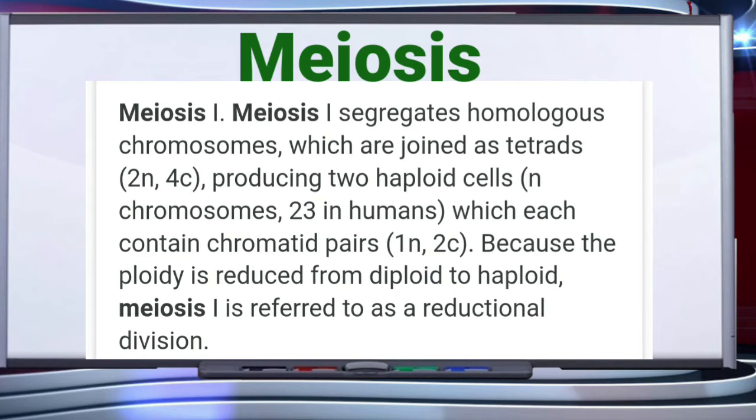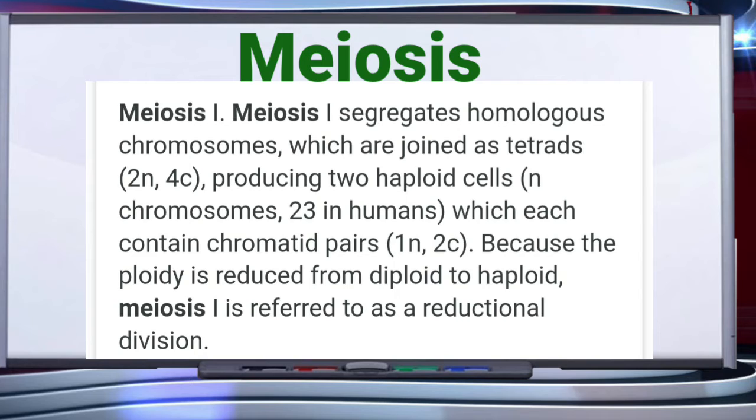We have already discussed in the previous presentation that mitosis is the equational division in which the chromosome number of the parent is conserved in the daughter cell. In contrast to mitosis, meiosis occurs in the diploid cells. It is called the reduction division since it reduces the chromosome number by half while making the gametes.